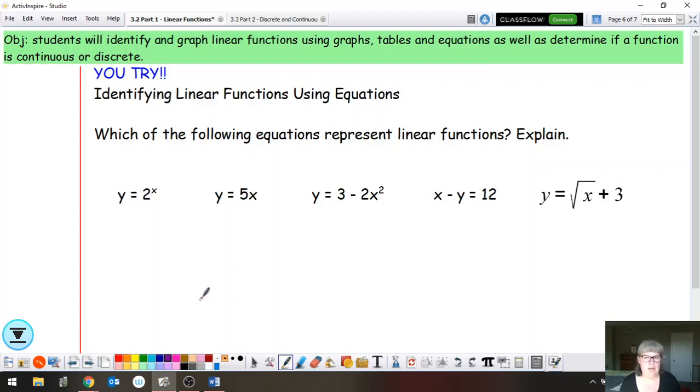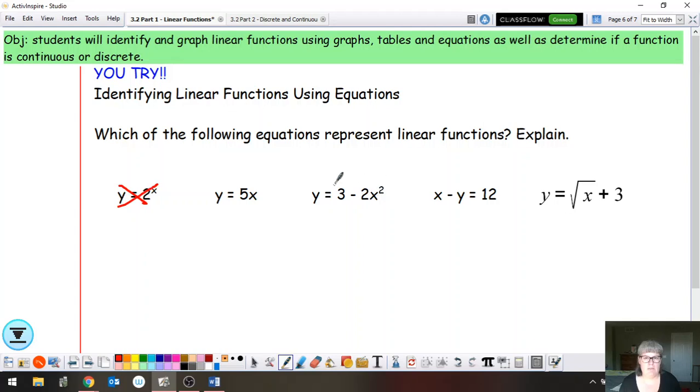So here's your chance. Which equations are going to be linear functions? I'm going to let you pause and think about which ones are linear. Now that you've had a chance, hopefully what you've decided was, well, x is in the exponent.